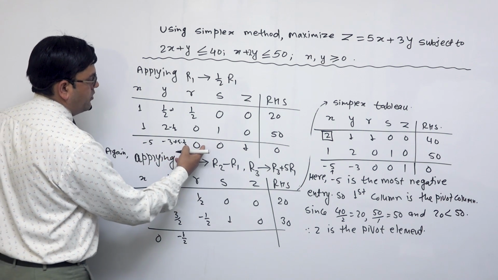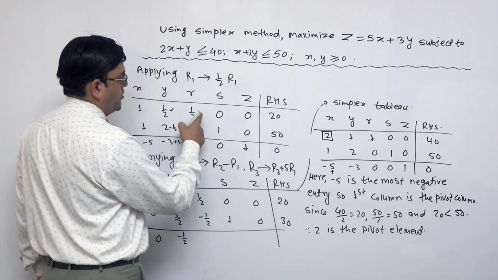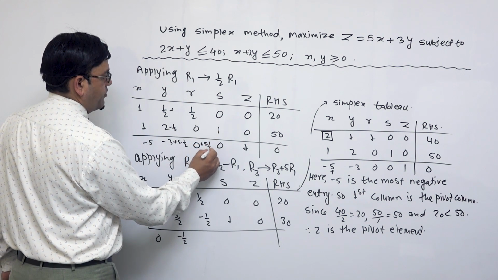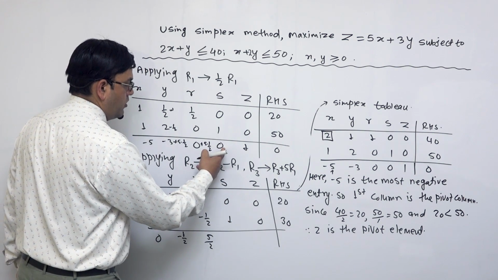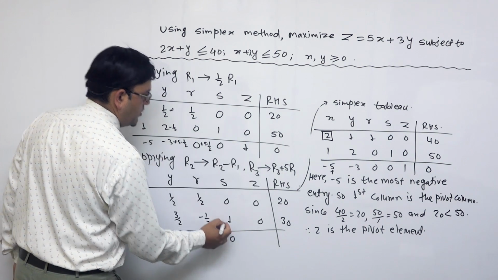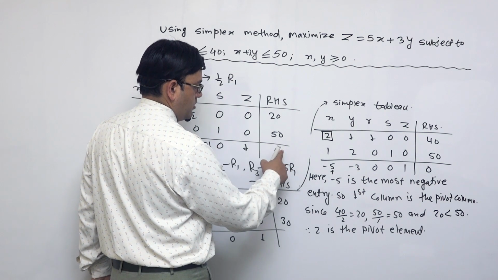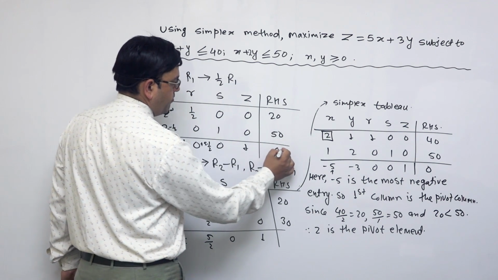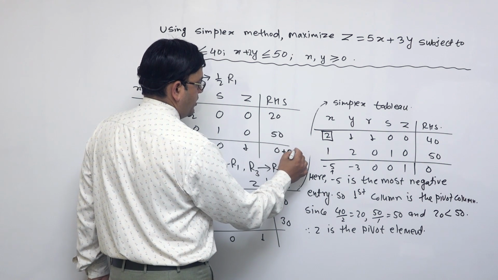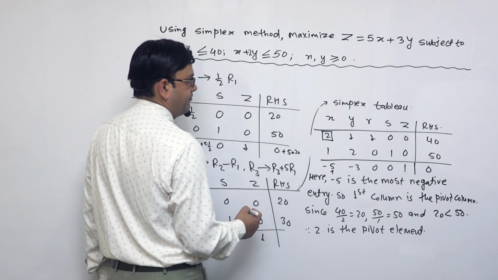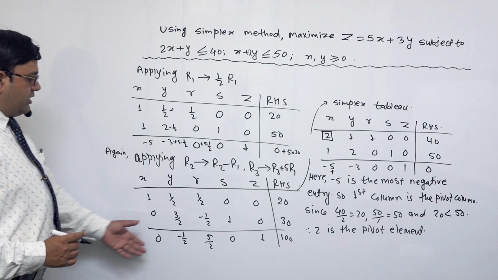And then here 0 plus 5 times 1/2, so 5/2. Similarly 0 plus 0 is 0, 1 plus 0 is 1, and 5 times 20 is 100. We have here 100. Here the solution is not optimal again.